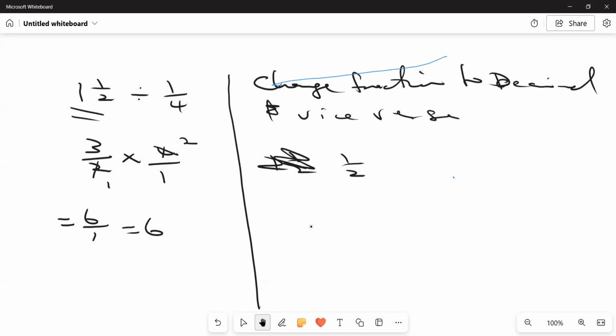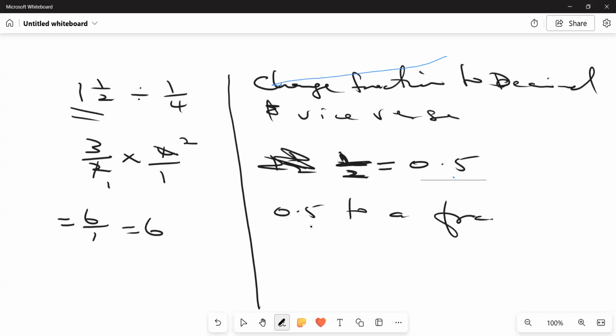You can do it the long way using pen and paper, or you punch it in the calculator and you will get 0.5, right? That is what this line means, divide. 1 divided by 2, that's what it means, and you get that. If you have to convert 0.5 to a fraction, there's a shortcut. You put the numbers behind the decimal point on top here.